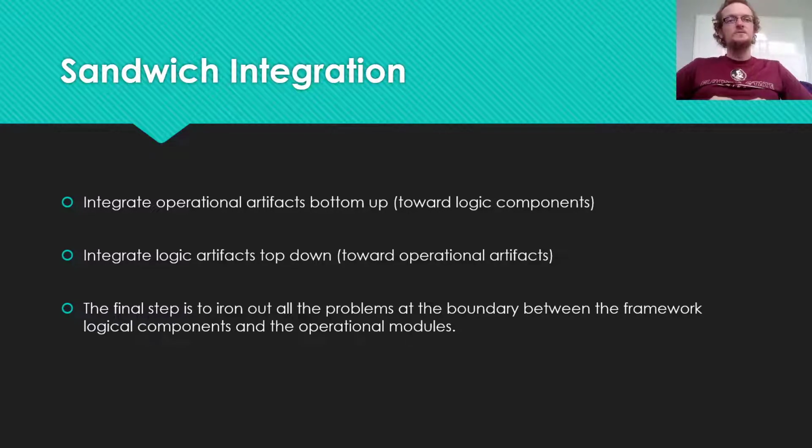You perform those pieces of integration separately, and after you have performed those two pieces, you can integrate those two layers together, and that amounts to basically just ironing out all the problems in the intersections between your logical and your operational artifacts.